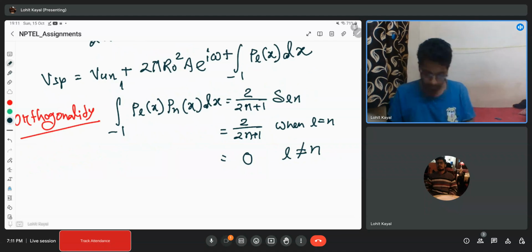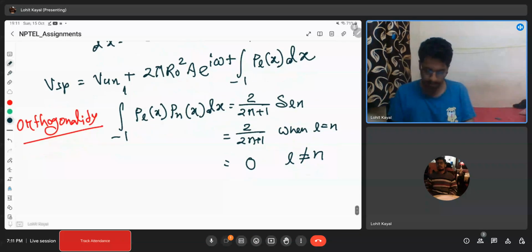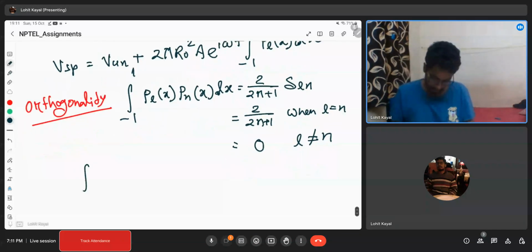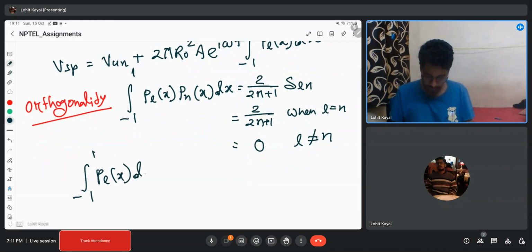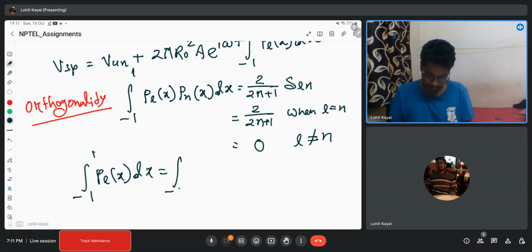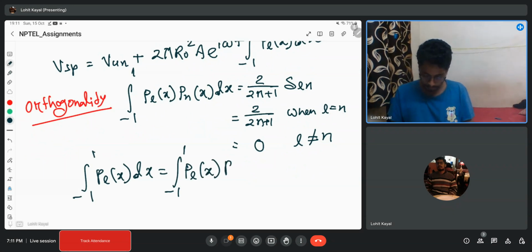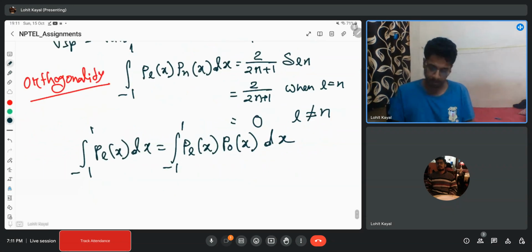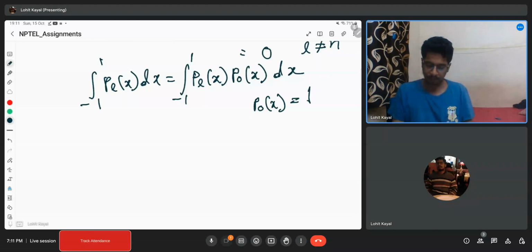Now we have this integral from minus 1 to 1 of P_L(x) dx, and I can write it like this: integral from minus 1 to 1 of P_L(x) P_0(x) dx, because P_0(x) is equal to 1.